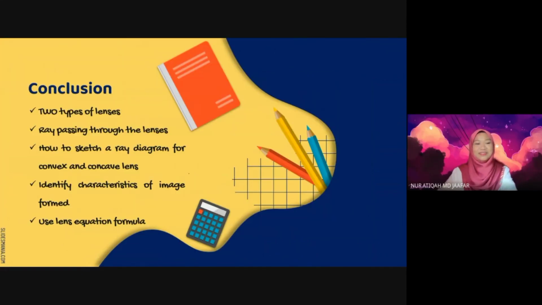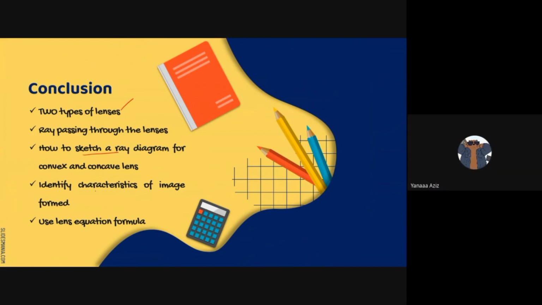Now we go to the conclusion. Today we learned two types of lenses, which are convex lens and concave lens. A ray passing through the convex lens bends toward the principal axis. For concave lens, it bends away from the principal axis. And we know how to sketch ray diagrams, right?